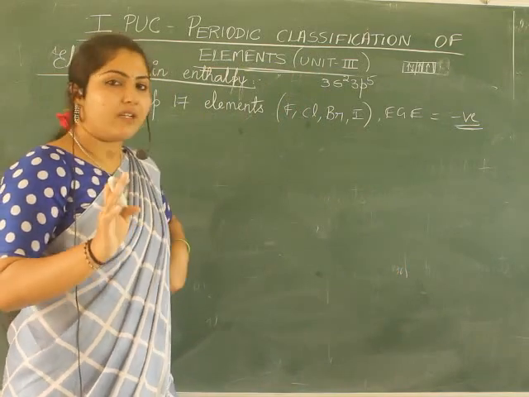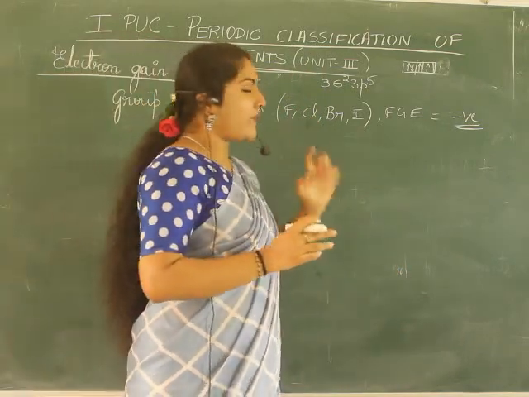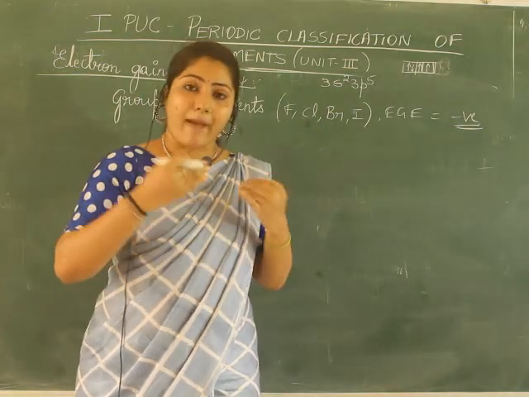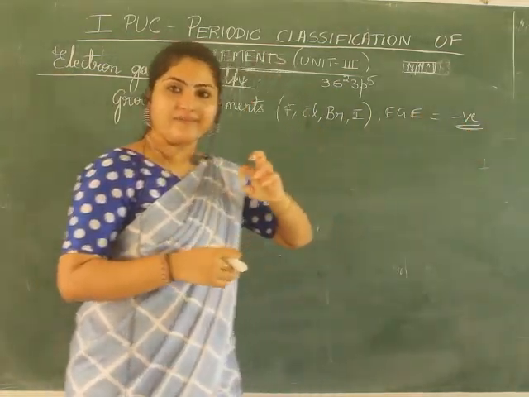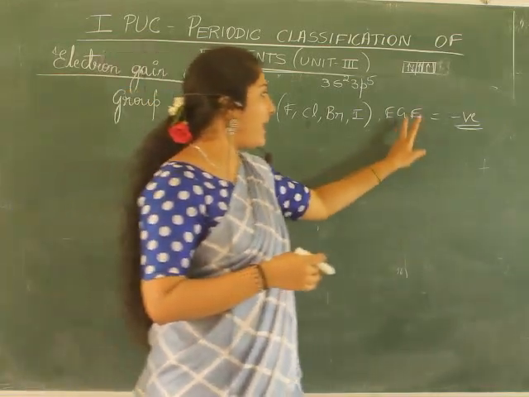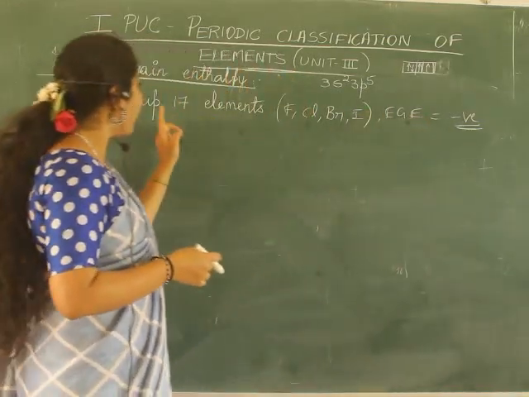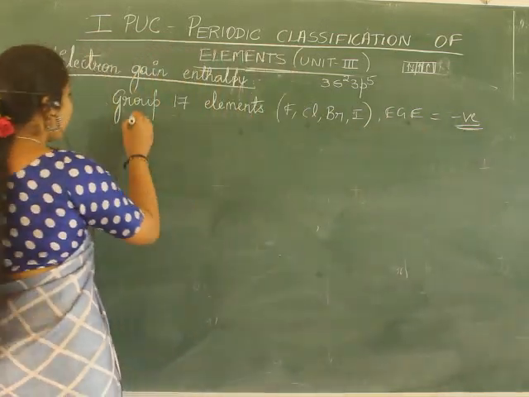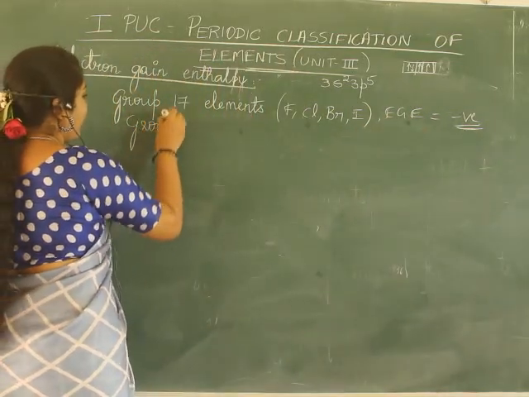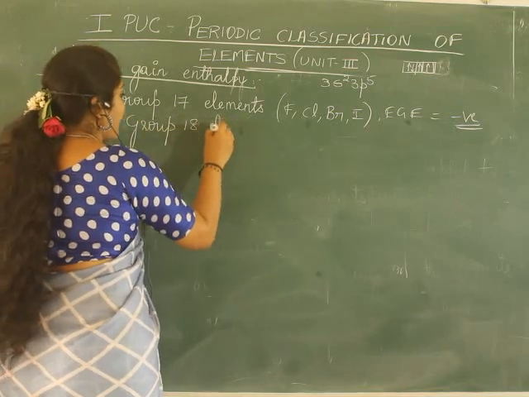If it is completely filled, it becomes stable. So it wants to gain an electron. So it happily gains an electron. So it gives out the extra energy. You understand? So electron gain enthalpy for group 17 elements will be highly negative. Whereas, which are group 18 elements? Group 18 elements are noble gases.